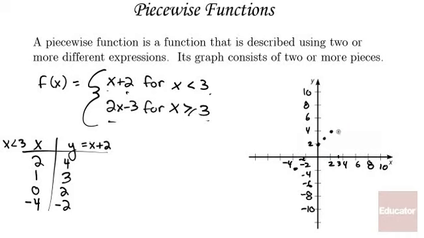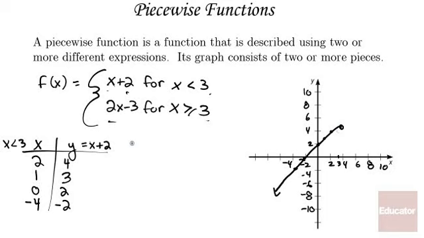So 3 is about here. Therefore, anything just below 3, but not including 3, is going to be part of this graph. So we're going to use an open circle here to indicate that 3 is not included as part of the domain for this function. So it's going to begin at just below 3 and continue on indefinitely. That's the first piece of the graph.